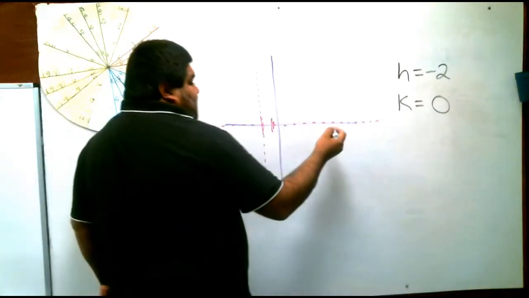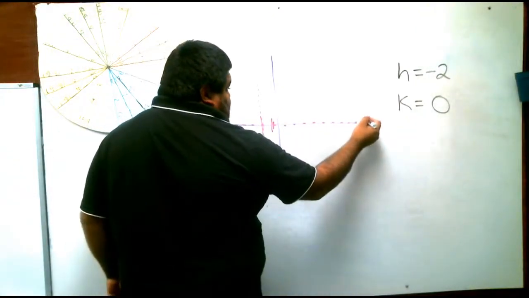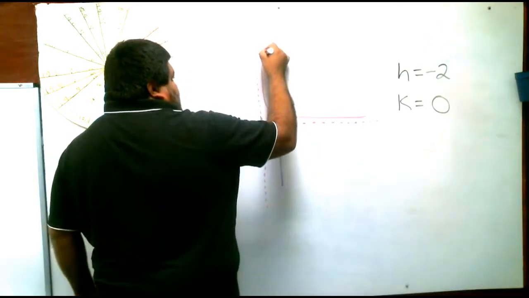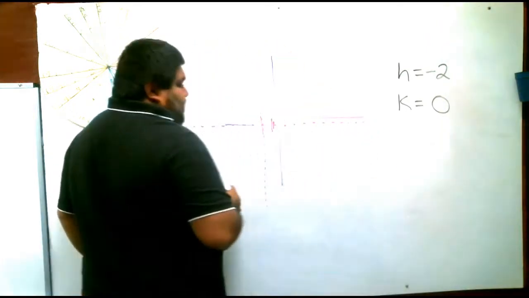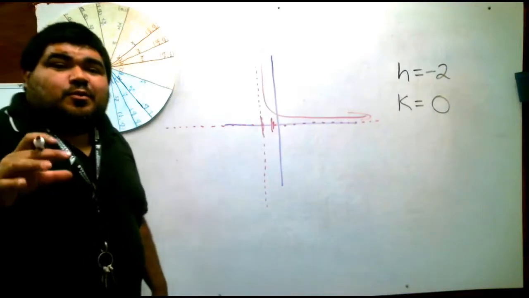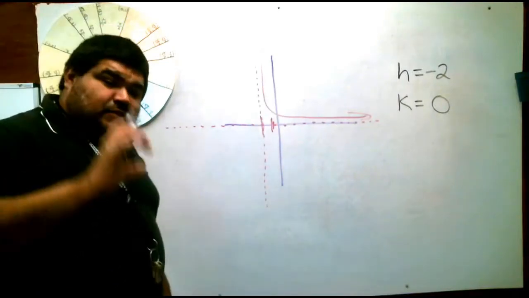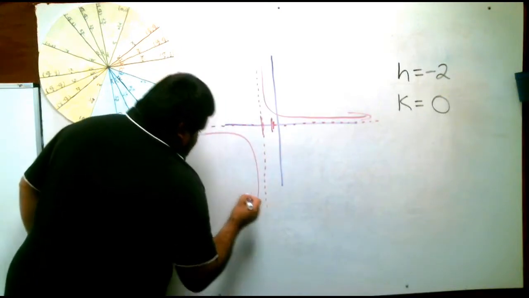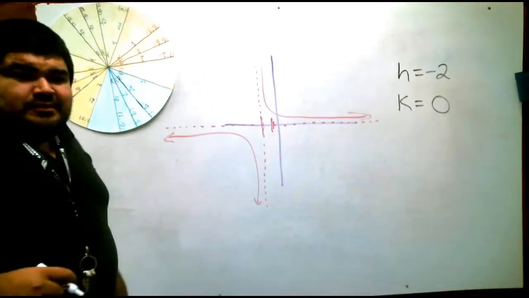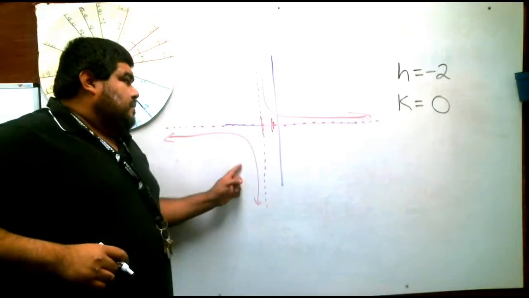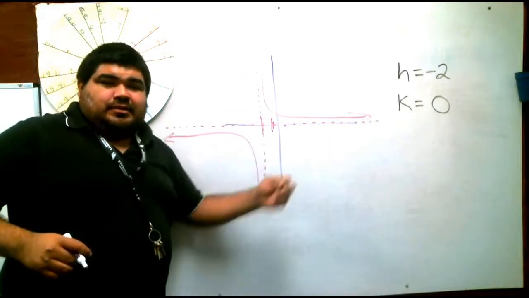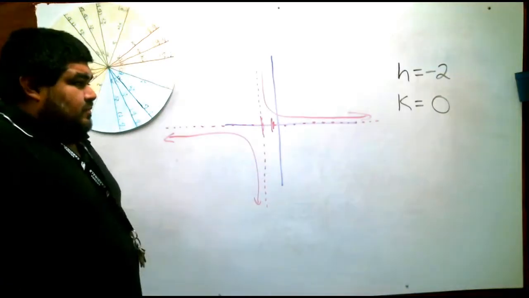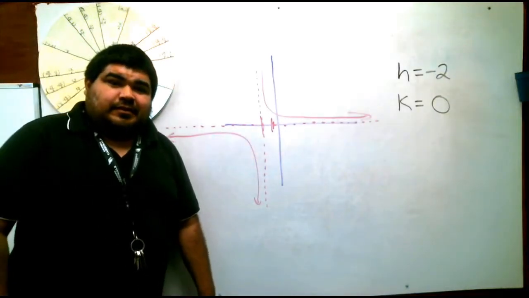If we have a line that goes in any direction, it cannot touch our lines. Since we're dealing with asymptotes, our lines cannot pass our asymptotes. And that's it, that's all we're doing today.